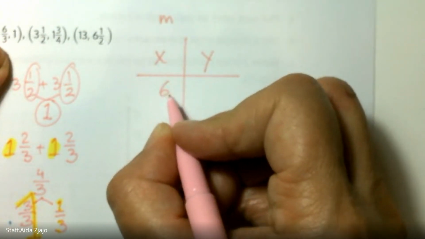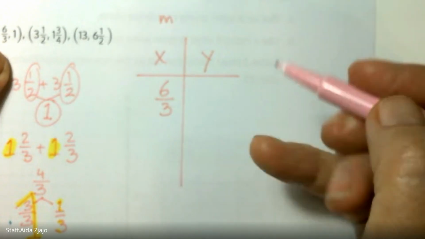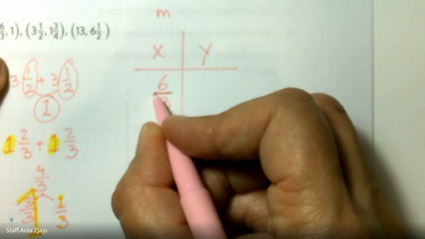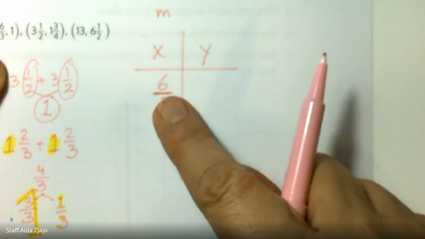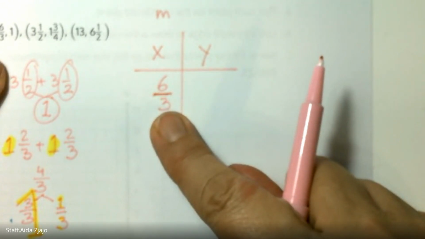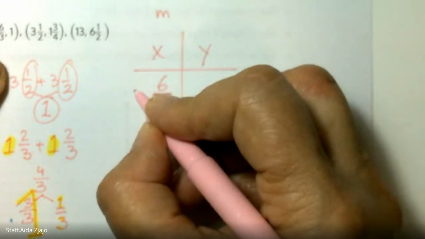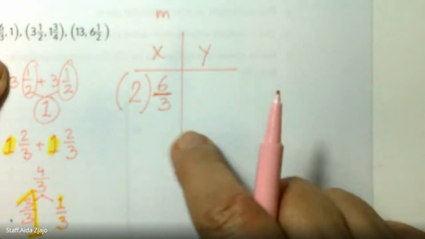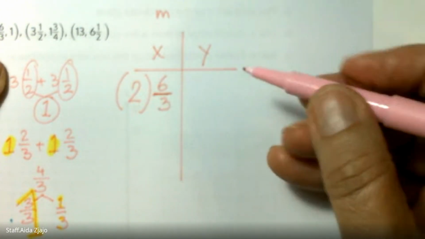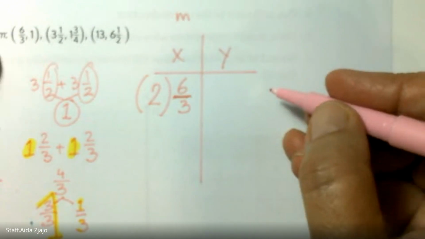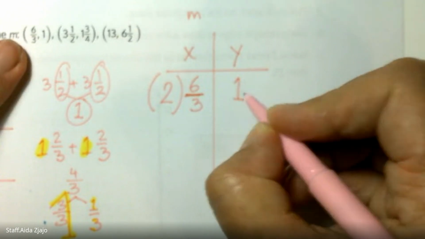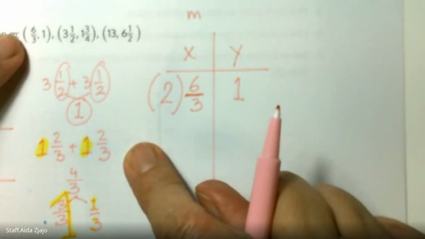But I know this fraction line is a division line, so this means 6 divided by 3, and that is also 2. So I can see this as a 2. Okay, so 6/3 is also 2. And then I have another one, which is 1. So one side is 2, the other side is 1.